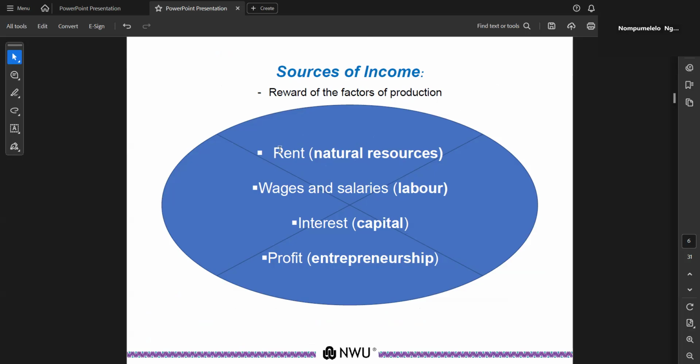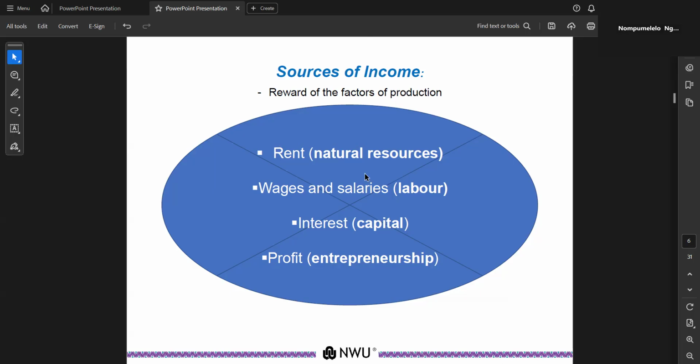When you own land, you can always, not really sell, but lease that piece of land. Say there's this person who wants to start their business, but they don't have land. Then you give them your land, they build their shop there, and then they pay you rent every month for using your land.